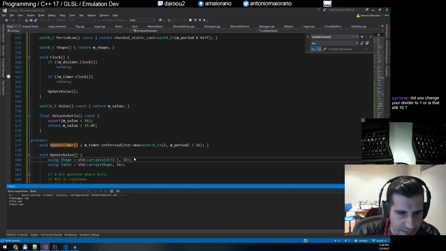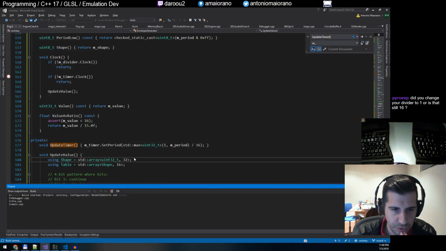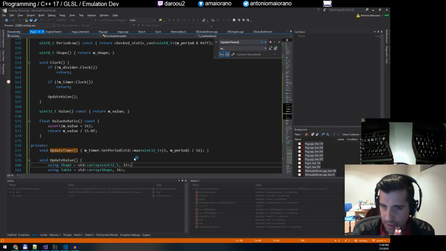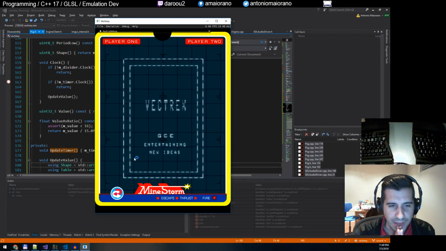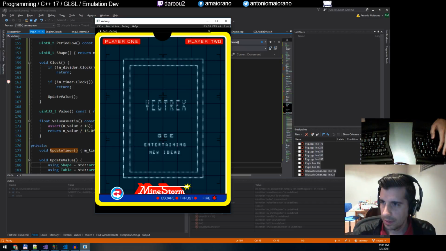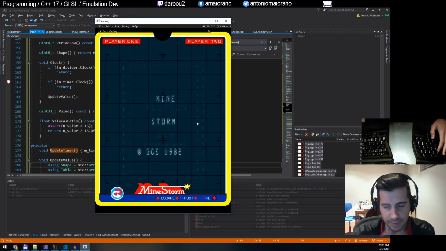Yeah, because I was setting the period to the maximum of 1 and period over 2. But when it's really small, what happens? I guess periods of under 16 will just be every cycle. I guess there's an artificial limit there, isn't there?